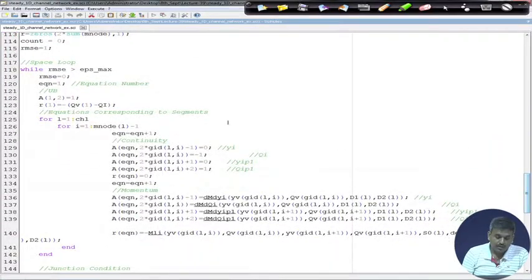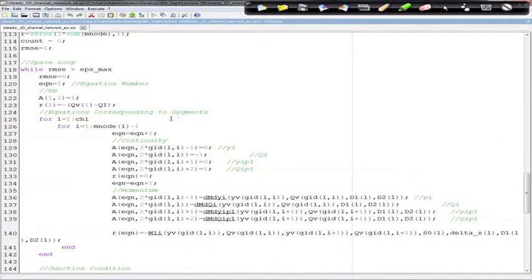Now, what is happening: initially we have written this RMSE and we are starting with equation number 1. The first equation is our upstream boundary condition, because we will have entries for 1 2, this is y1 q1, y2 q2.